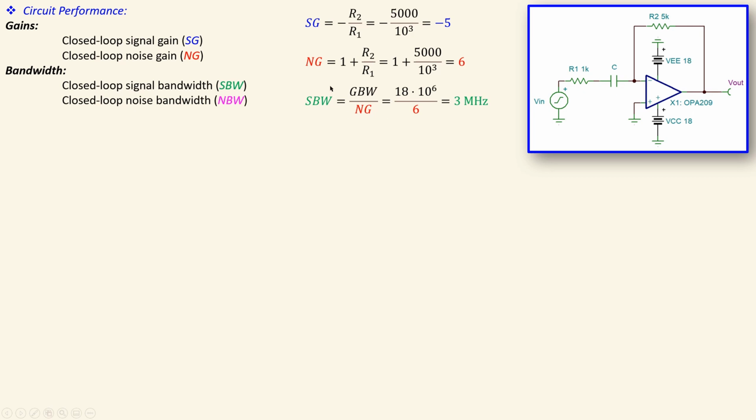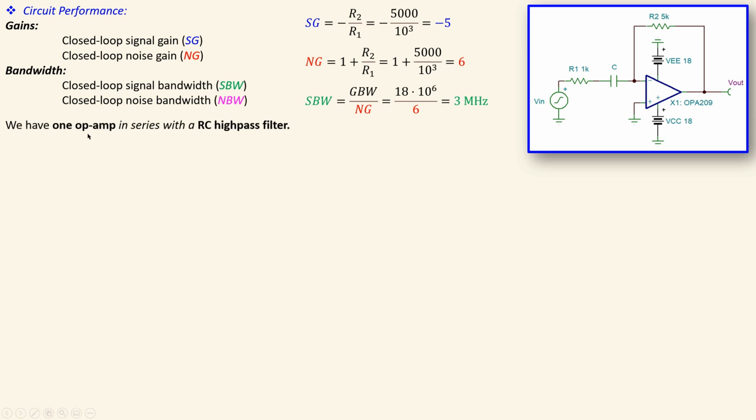The cutoff frequency, or the signal bandwidth, can be determined by the gain bandwidth product over the noise gain. We have 18 megahertz from the datasheet over 6, which is 3 megahertz. This is what we call the cutoff frequency, and if you consider this as a bandpass filter, this will be the upper cutoff frequency.